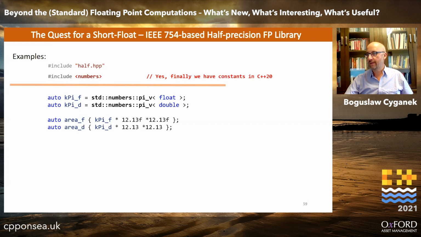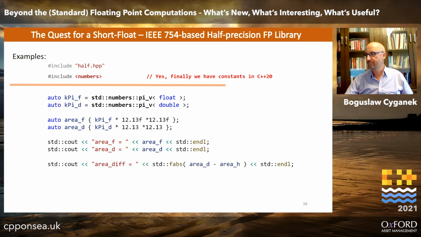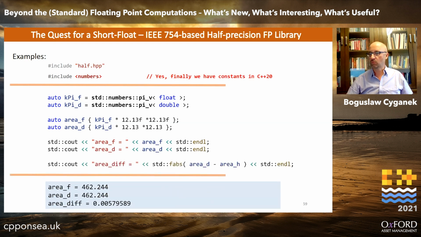And if we compute them, we can compare what the difference is. So we see that there is no difference, at least to 3 digits after the decimal point, for float and double, which might be sufficient for us in this case.